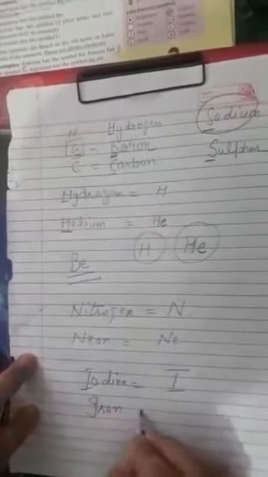Like the same, iodine is I, and then again a word starting with I is iron. So we have taken the symbol of iron from its Latin name, which is ferrum.